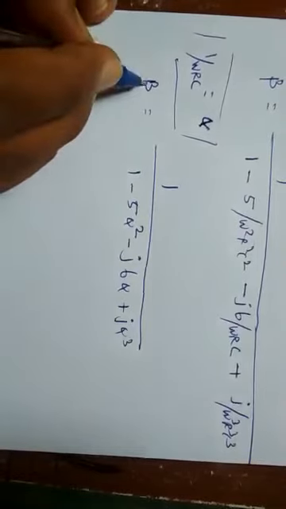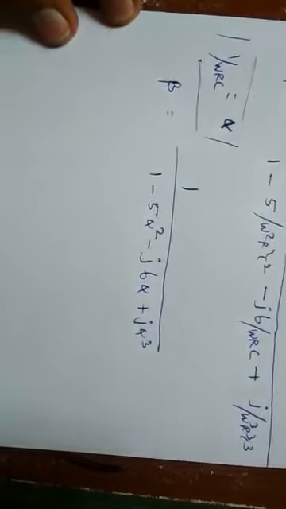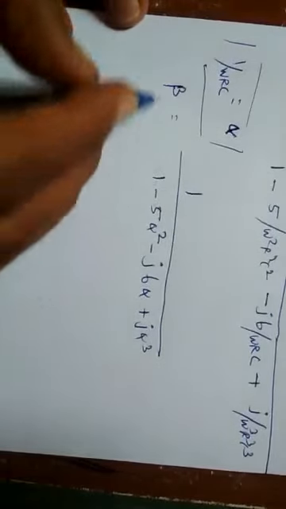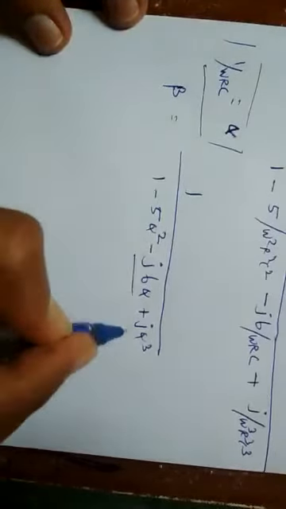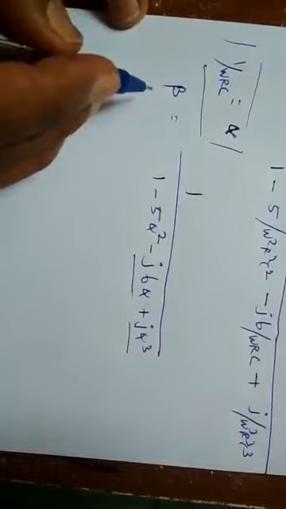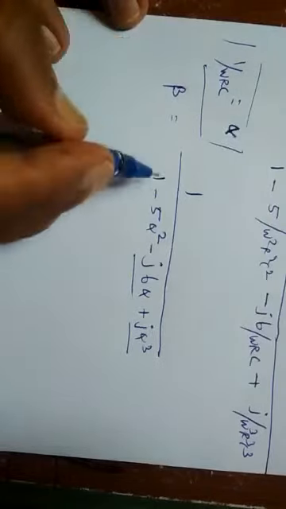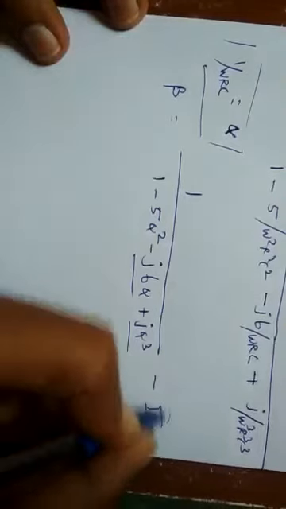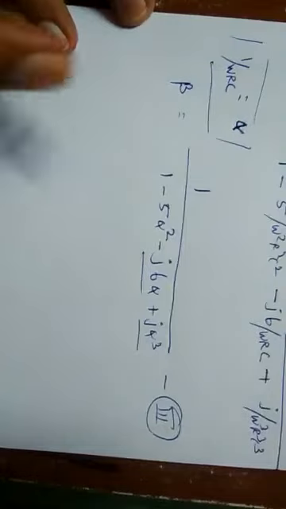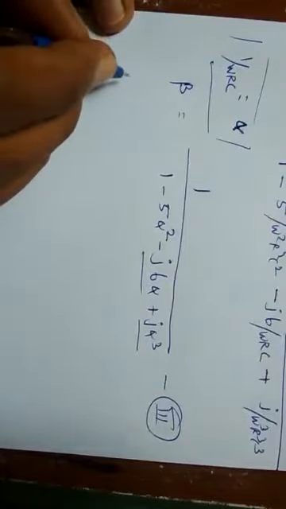Now, to satisfy the Barkhausen criteria, beta must be real. So the imaginary part in this beta equation must be equal to 0 to produce an absolute positive beta to satisfy the Barkhausen criteria. So from this beta equation, we can name this as Roman letter 3. From this Roman letter 3, we have to equate the imaginary parts.